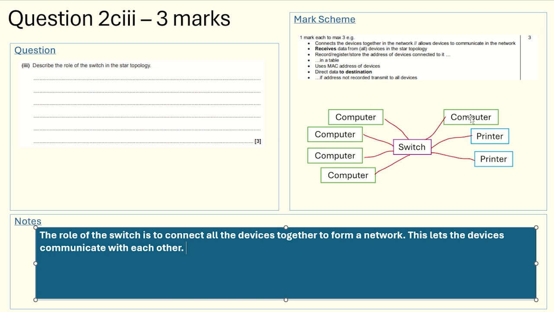We know that the switch is going to receive data from all of these devices. Okay, so when a computer needs to send a bit of information to another computer, the switch's job is to receive that data. The switch then will, using its intelligence, be able to find the correct computer that it wants to send it to. Okay, so it's about receiving data and then passing that data on to the correct destination.